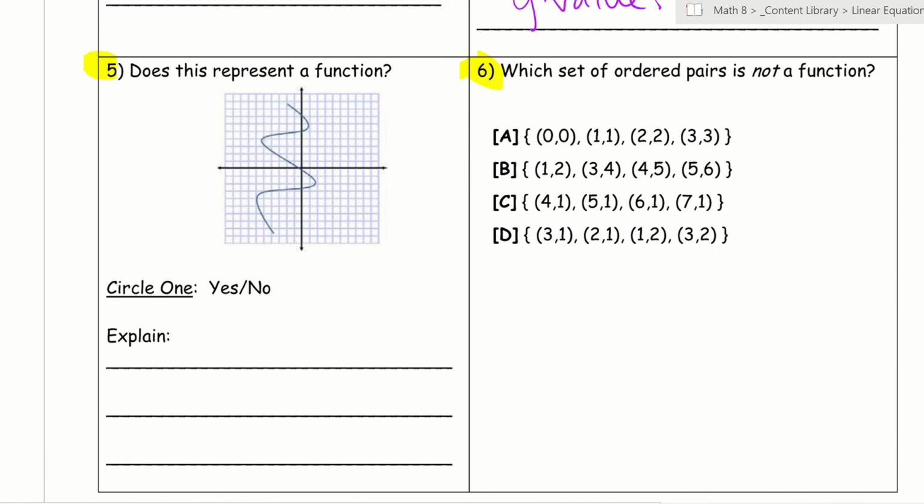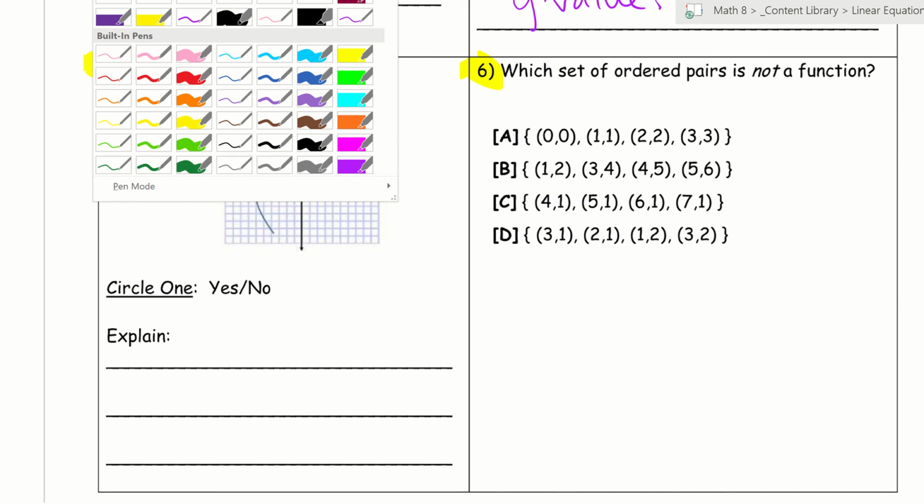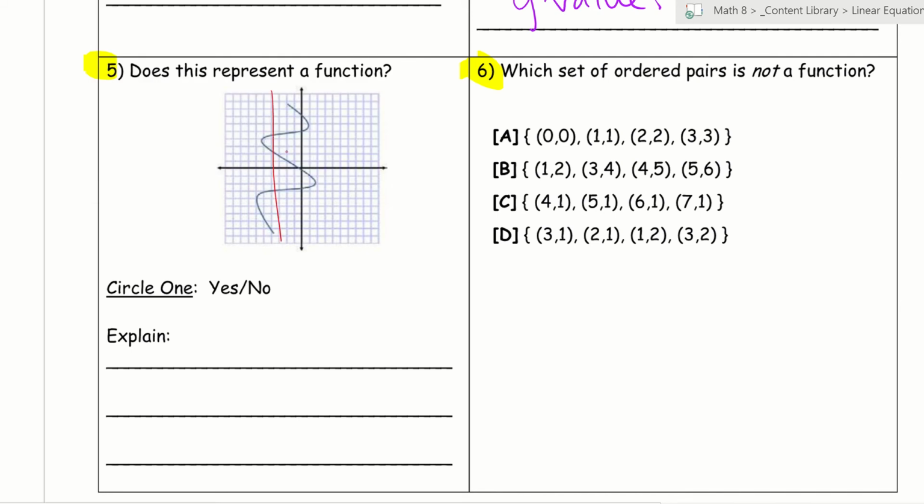Does this represent a function? Now, wait a second, I've got no x's and y values. But you remember the trick, this beautiful vertical line test. I'm going to draw a bunch of vertical lines.